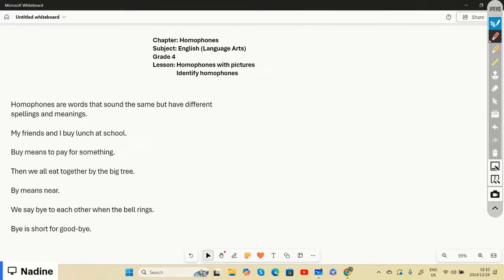All right, so now look at the first one. The first one says, my friends and I buy lunch at school. If we were to identify the word, look at the word buy. The word buy is when you're paying for something.